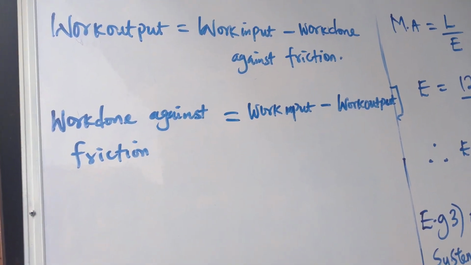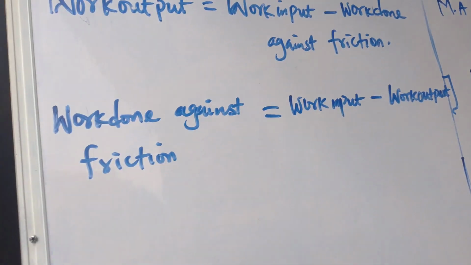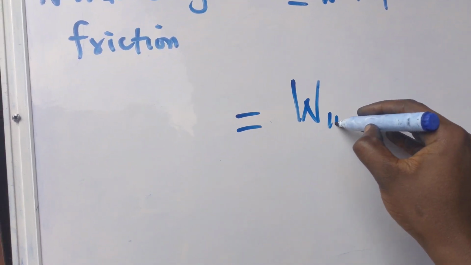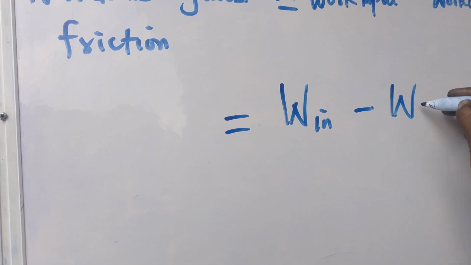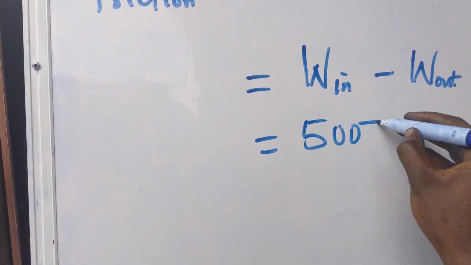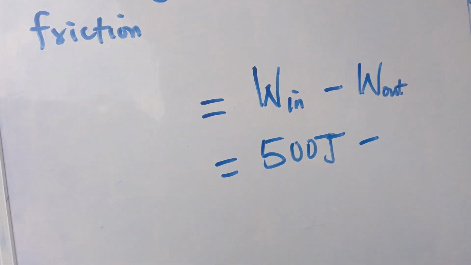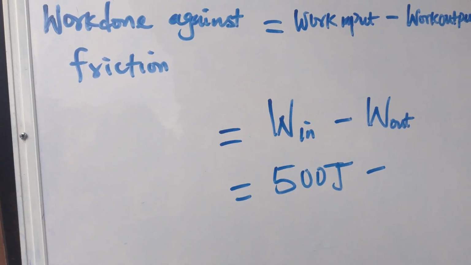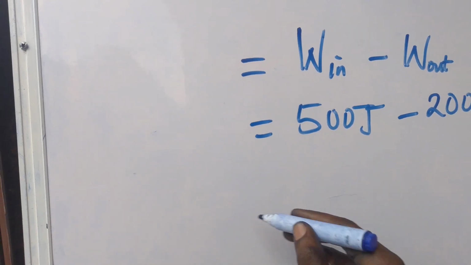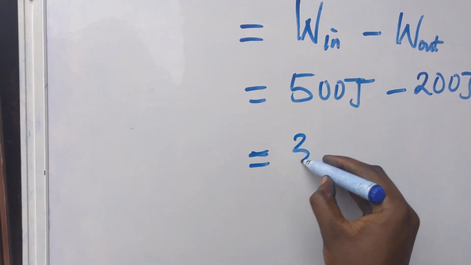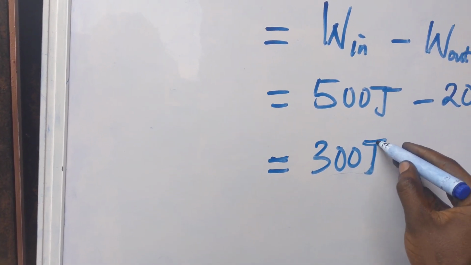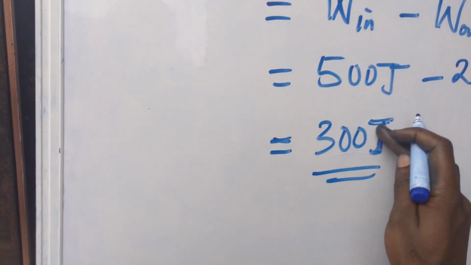So that means this will be work input minus work output, and I had my work input as 500 joules, and I also had the work output as 200 joules. So work done against friction will be 300 joules. Final answer, 300 joules.